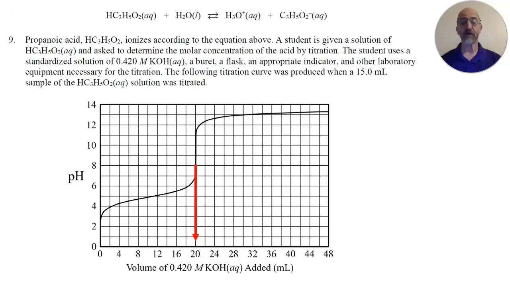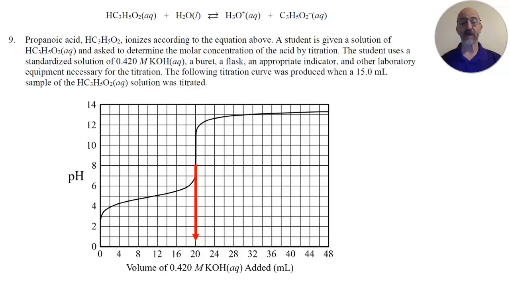So do we have two different volumes? Yes. Do we have two different concentrations? Well, not exactly. We know the concentration of the potassium hydroxide, but we don't know the concentration of the propanoic acid. In fact, that's the whole point. We have to determine the concentration of the propanoic acid by titration. So let's go ahead and make a list of what we know for these two solutions.